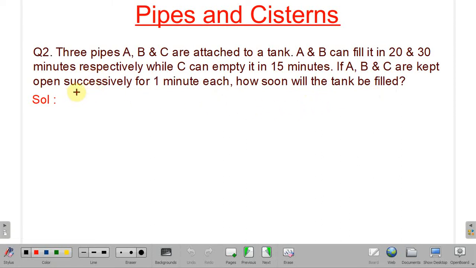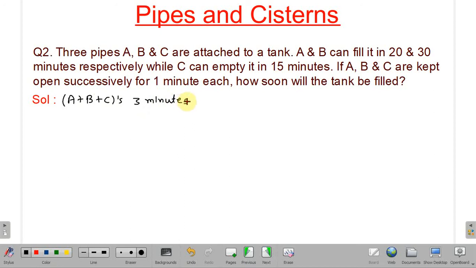Okay, so we have to assume a 3 minute time interval, because all the pipes will work for only 1 minute, and in a 3 minute interval all the pipes will work for 1 minute. Okay, so A plus B plus C is 3 minutes work.